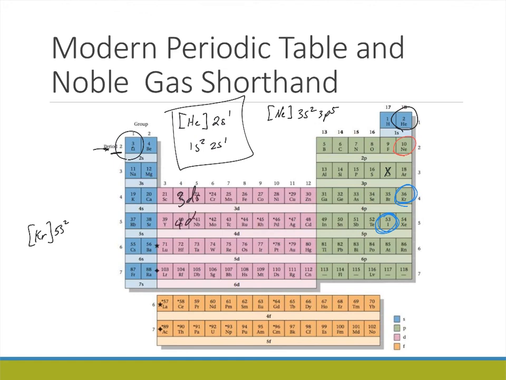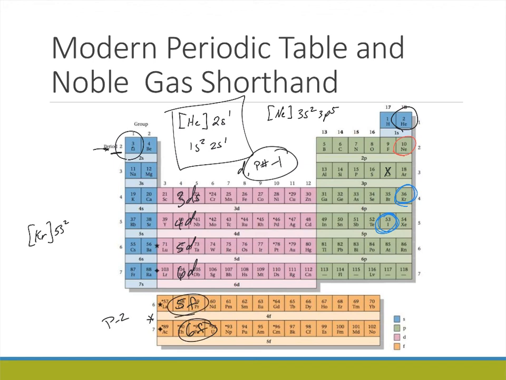This would be the 4 d's, the 5 d's, and the 6 d's. In other words, for the d's, it's period number minus 1. For the f's, when we do the f block, this is actually period number minus 2. So what we see here is this is the 5 f's and the 6 f's. Okay?